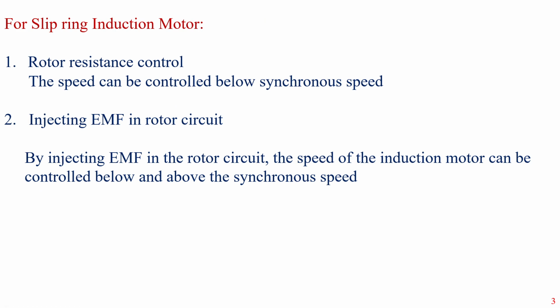Coming to slip ring induction motor, there are two types: rotor resistance control and injecting EMF in the rotor circuit. Using rotor resistance control, the speed can be controlled below synchronous speed. This is also well discussed in many textbooks. By injecting EMF in the rotor circuit, the speed can be controlled below as well as above synchronous speed.